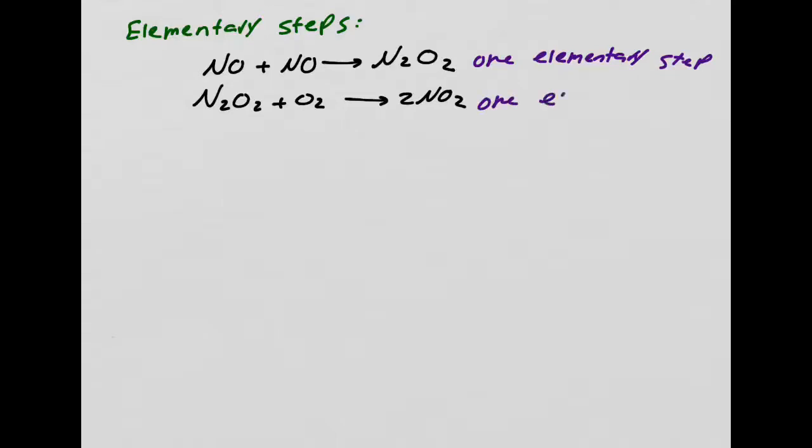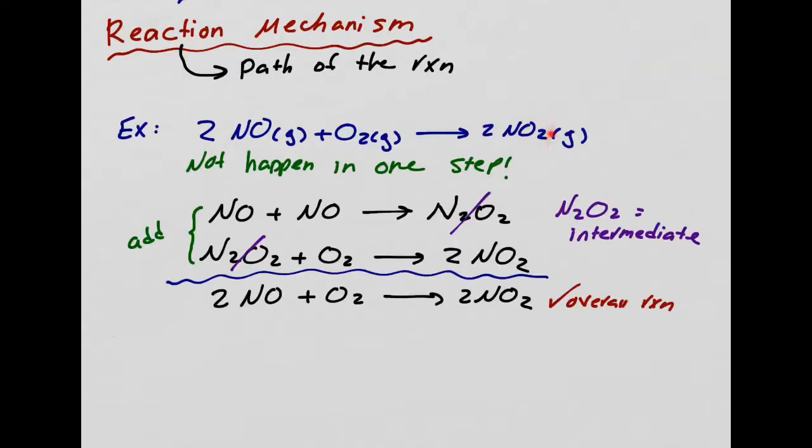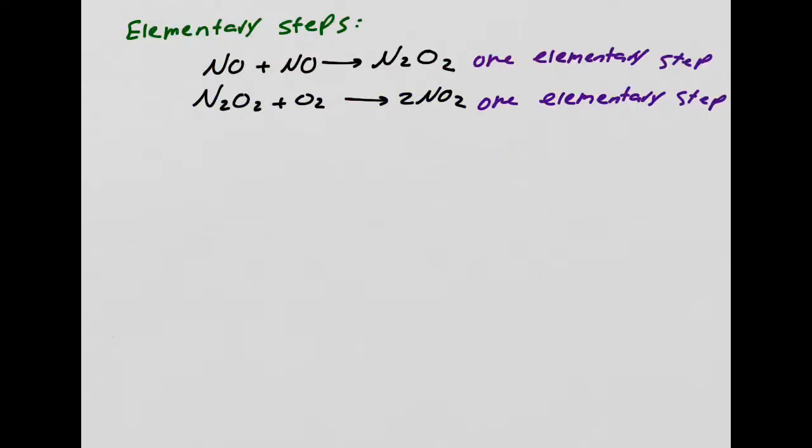Because once you have the basics down, it doesn't matter if I get fancy on you, you will be able to do any problem. Okay? So this is one elementary step. This is one elementary step. So a reaction has a bunch of elementary steps that lead to product formation. Now, some of the elementary steps would be your overall reaction, right?